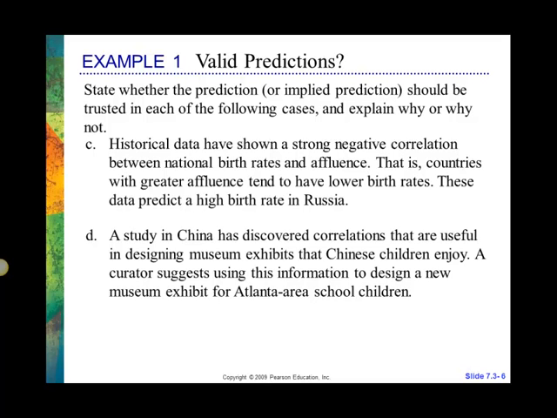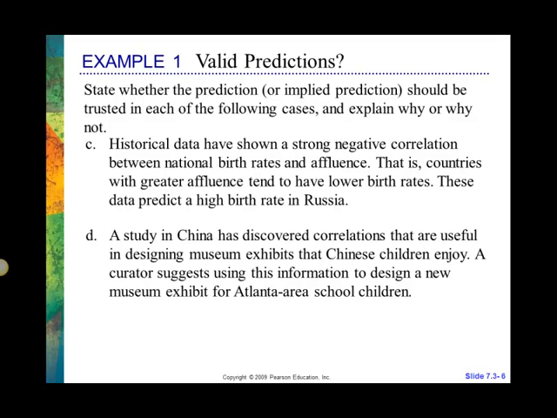They're looking at current birth rates. Should we predict high birth rates in Russia because it's a poor country? Well, the data is old, so it may not be correct. Things may have changed. It very well may be correct, but that doesn't necessarily guarantee it, because it is old historical data and we're trying to put it into present time.